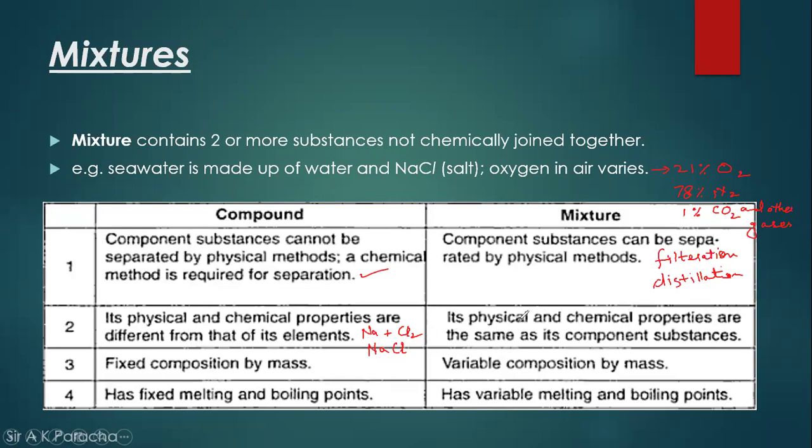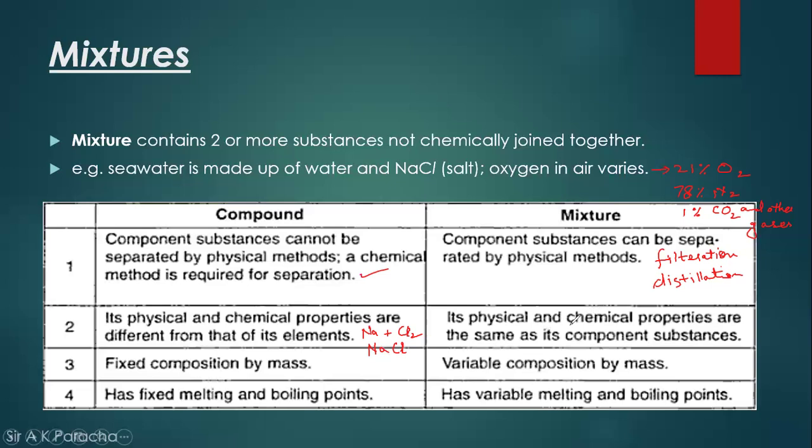So for a mixture, its physical and chemical properties are the same as that of its components. Taking an example of air. Air has oxygen. So we breathe in air. Our lungs absorb oxygen. So the physical and chemical properties of oxygen are the same.